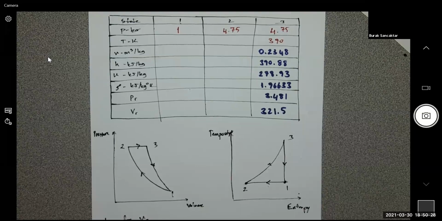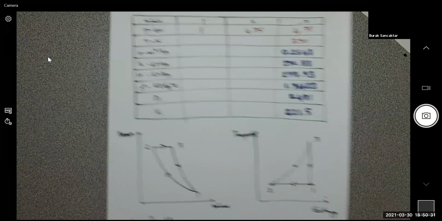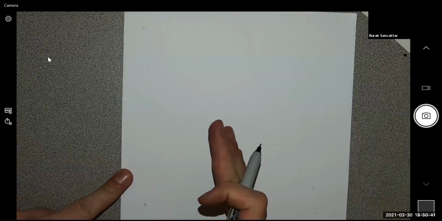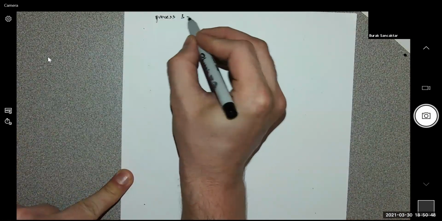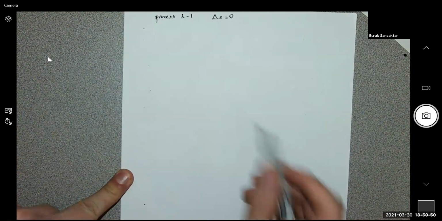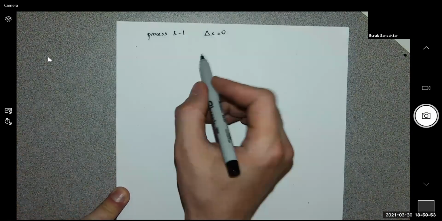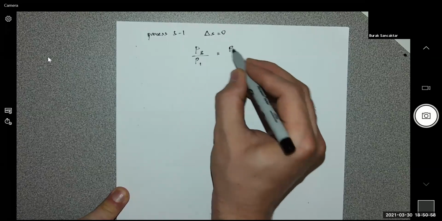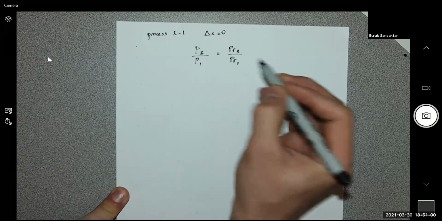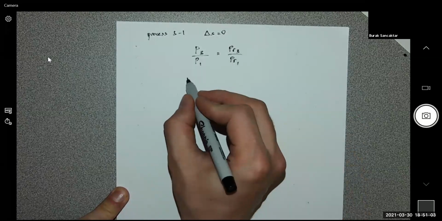Okay. So let's put this on the side. The process from state 3 to state 1 is adiabatic, right? Adiabatic means that for this process from state 3 to state 1, delta S is 0, right? So P3 over P1 equals PR3 over PR1.